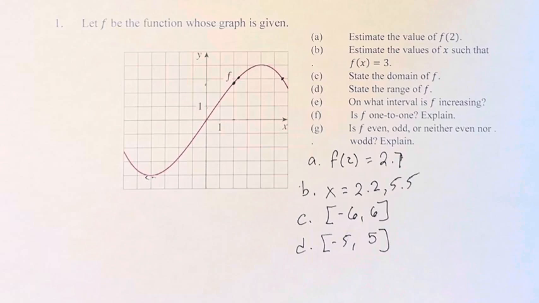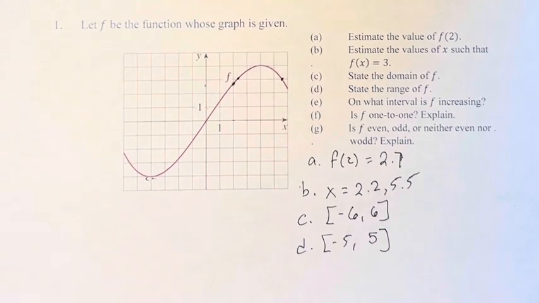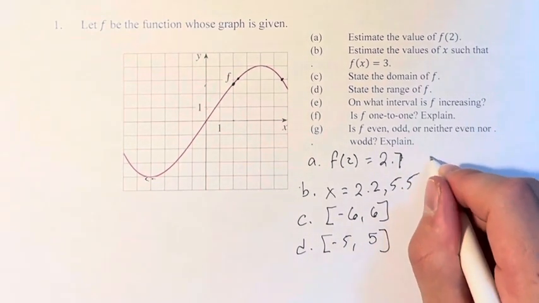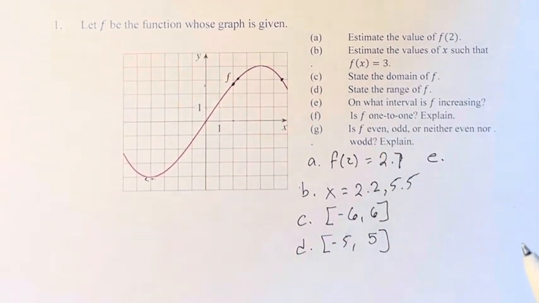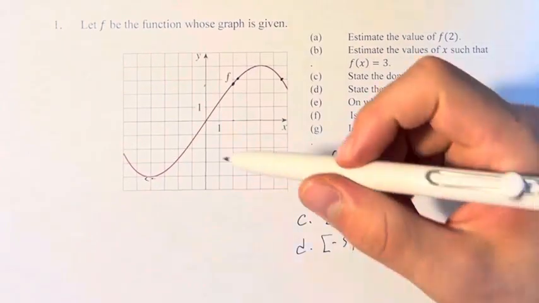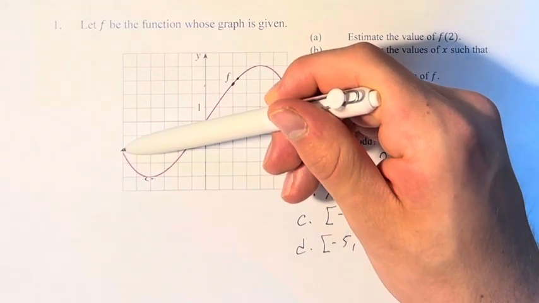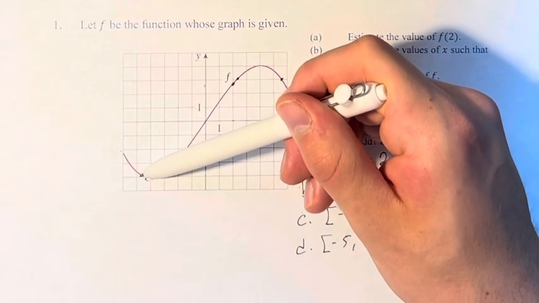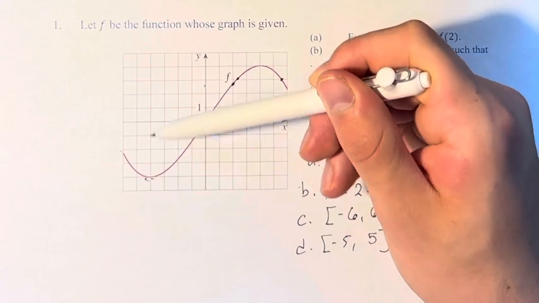We're asked on what interval f is increasing. We can look for the period of this graph where, as we move left to right, as x increases, y also increases. We can see that we start here, and the function is decreasing, decreasing, decreasing until this point at -4.